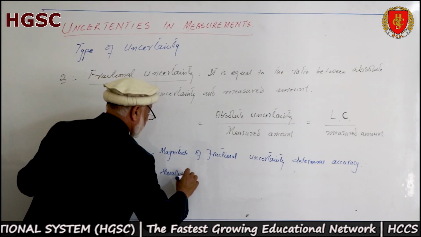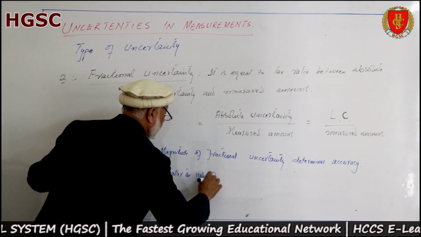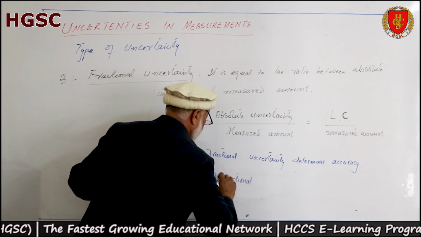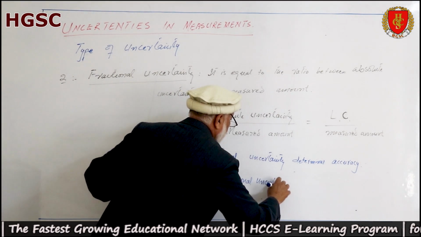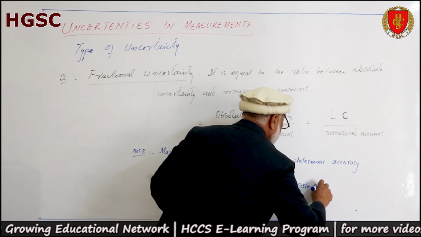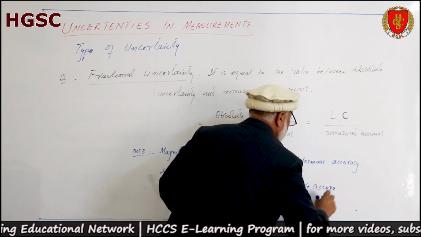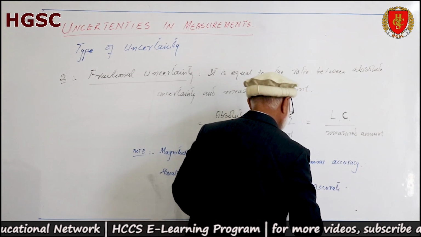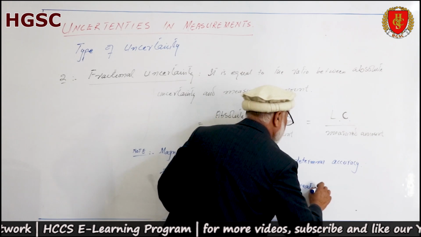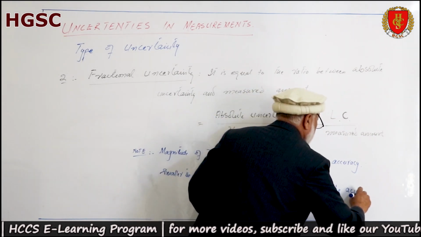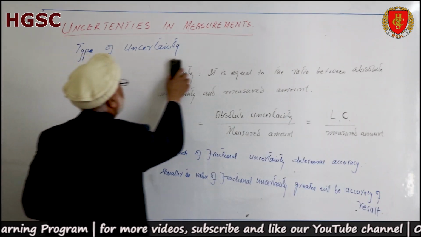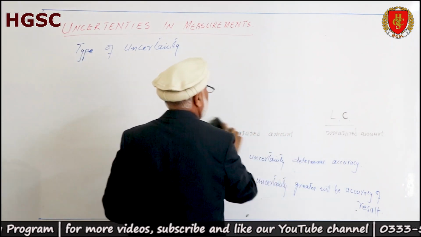The smaller the value of fractional uncertainty, the more accurate it will be. Smaller the value of fractional uncertainty, greater will be the accuracy of the result.